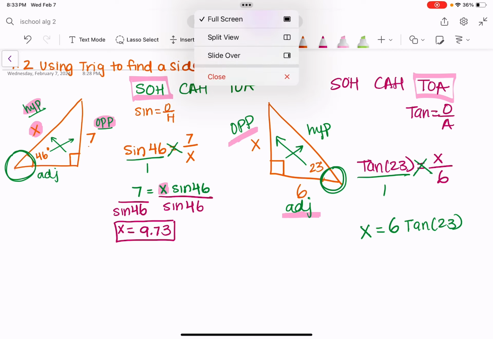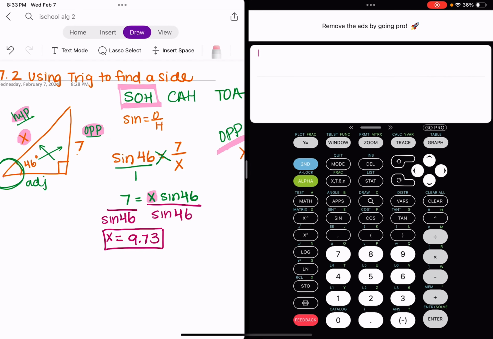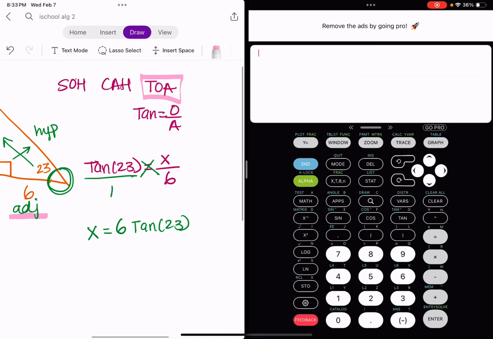So 6 tan 23. And I am going to get x equals, again rounding to the nearest hundredth, so 2 decimal places, 2.55.